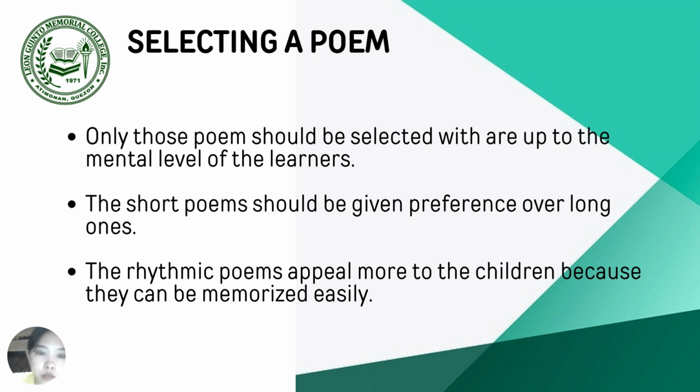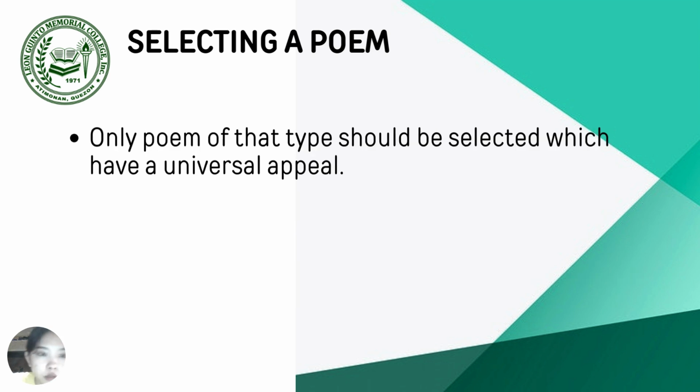And then, the short poem should be given preference over long ones. The rhythmic poems appeal more to the children because they can be memorized easily. This is familiar, especially in using songs. So, then, only poems of that type should be selected which have a universal appeal.